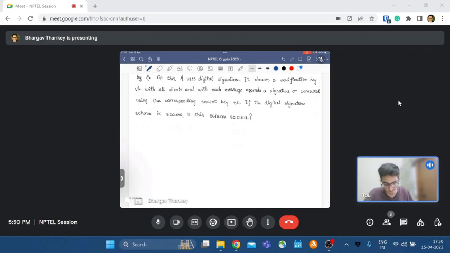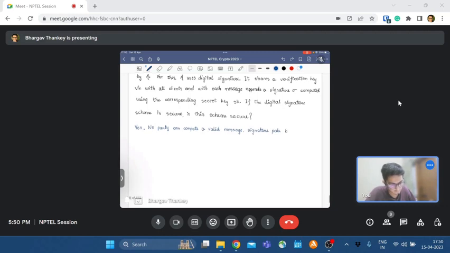Well, the answer is yes, because a party cannot compute a valid message-signature pair by just looking at the verification key, without having the secret key.